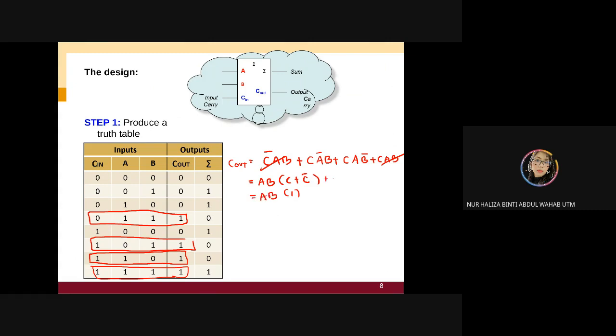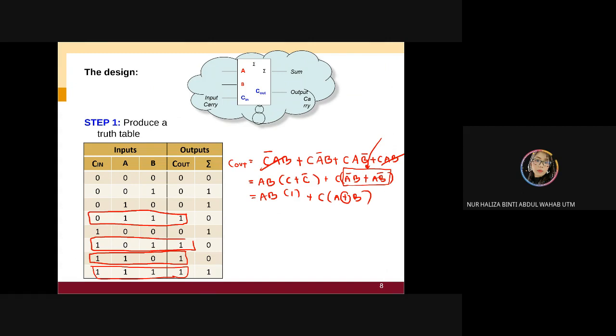And now here I have C, A bar B plus A B bar. So supposedly here it will be C A plus, like this. But maybe this one there is something wrong in the rules of Boolean.